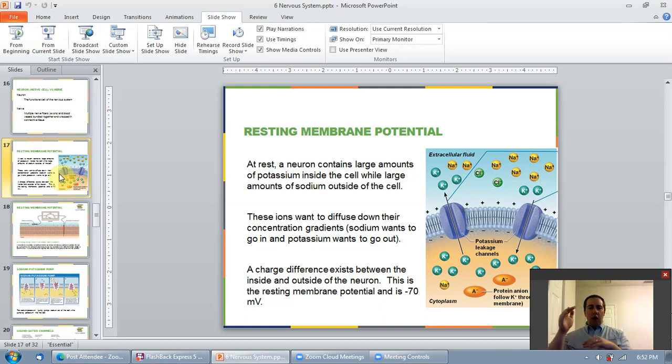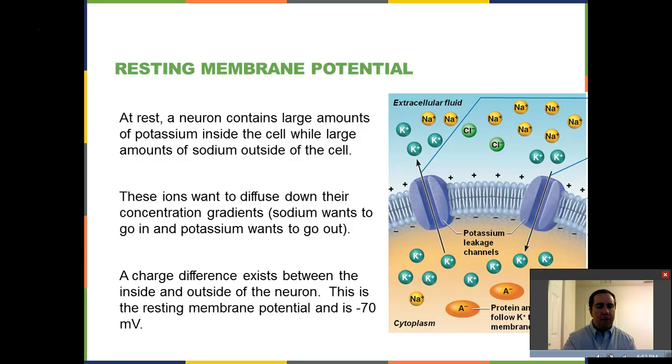And so when a neuron is not sending a signal, it has this resting membrane potential. There's a difference in charge on the inside of the cell versus the outside of the cell because of the sodium-potassium pump. We'll see that pump in a little more detail in a couple slides, but the sodium-potassium pump pumps sodium out of the neuron and potassium into the neuron. What's key here is it pumps 2 potassiums in and 3 sodiums out at the same time.